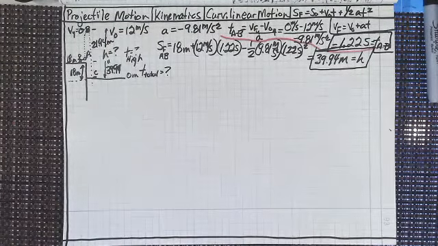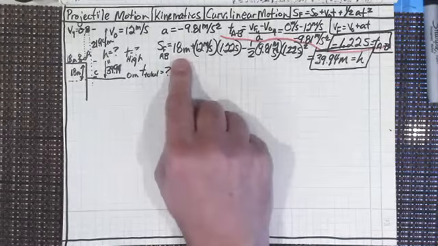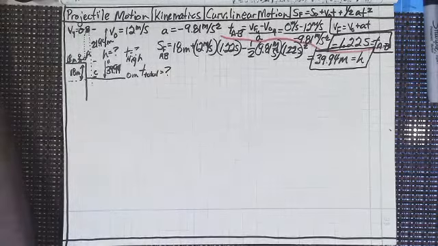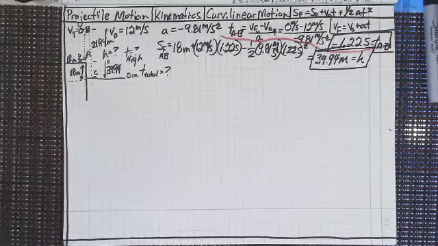But the total distance is 39.94. It's because I added the 18 meters in there to begin with. I hope everybody sees that. Okay, so we've learned two things about this problem, but we've got a lot more that we want to learn.